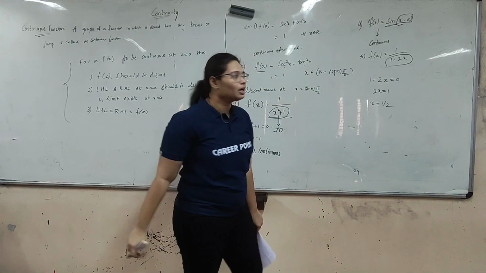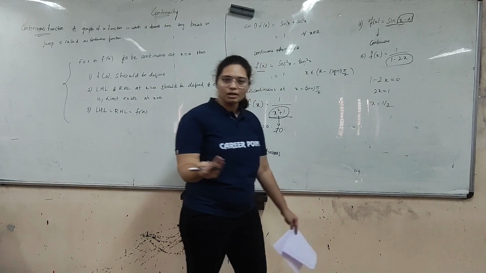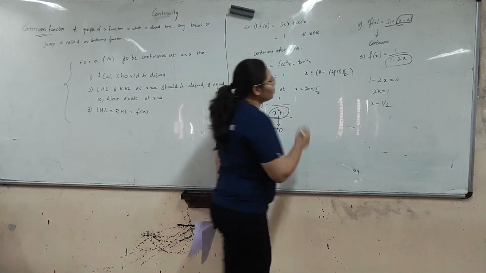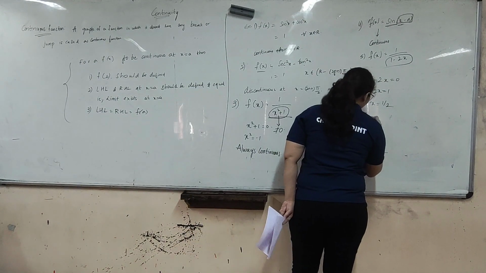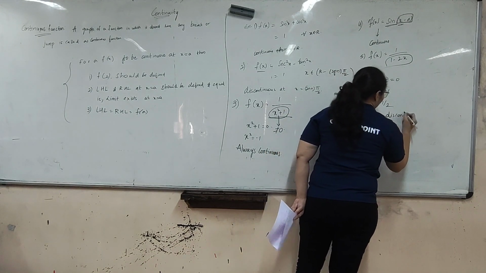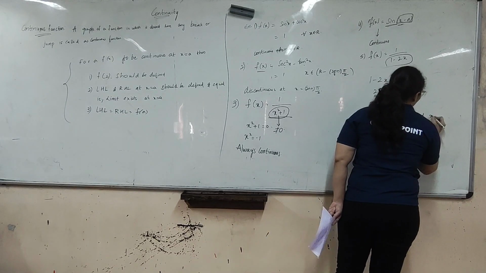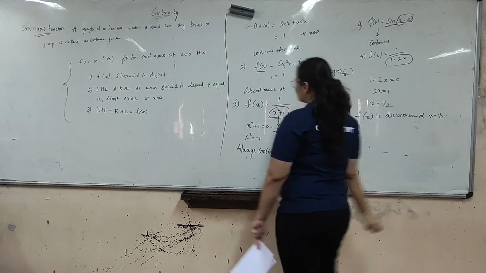So at x equal to 1 by 2, the function will become undefined. So f of x is discontinuous at x equals 1 by 2.